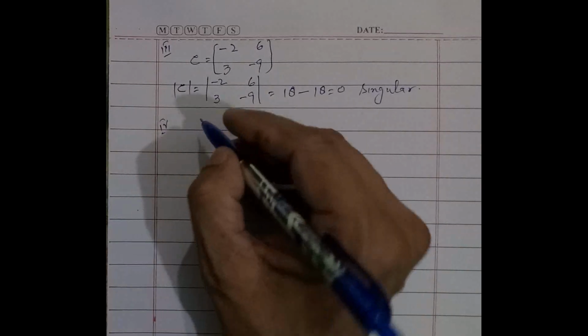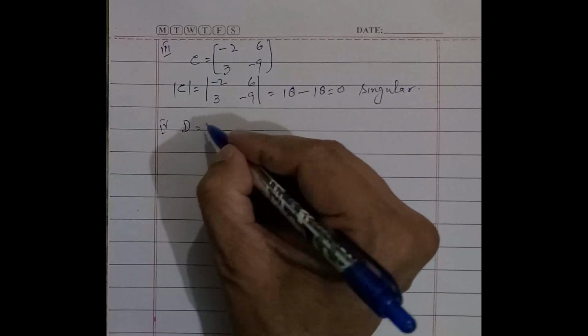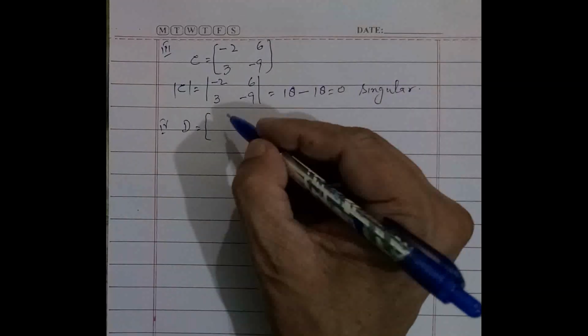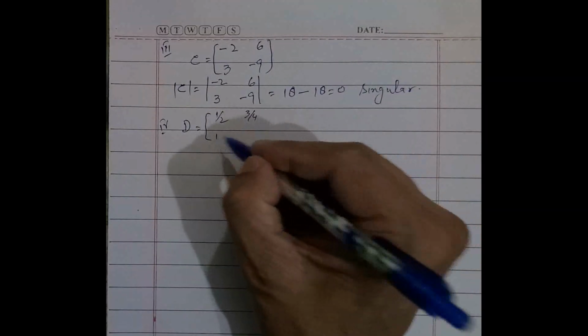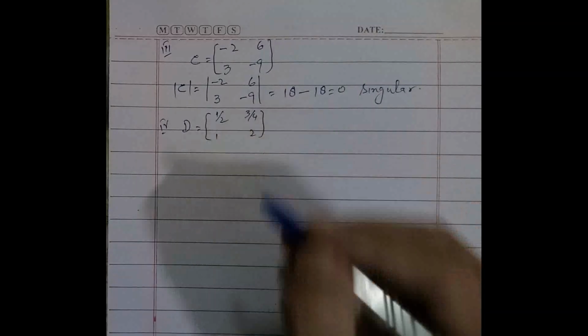And the fourth part is D. The D matrix is 1 over 2, 3 over 4, 1 and 2.